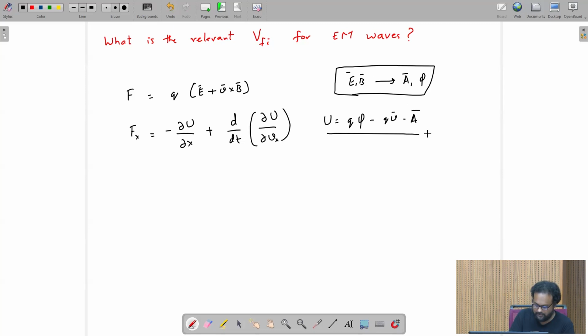So I'm going to write out the Lagrangian of the particle. What is the Lagrangian? T minus V. Okay, yeah, you already told me the final one. So T minus V, let's start with that. So that will be half m v square plus Q v dot A minus Q phi. V here is related to that potential energy.